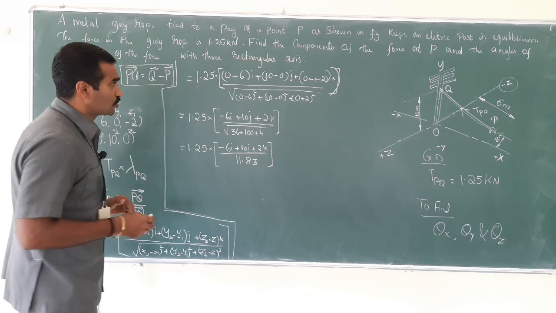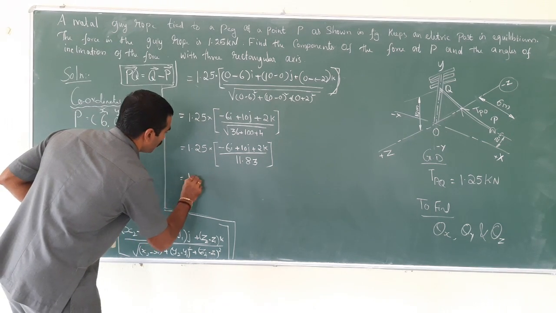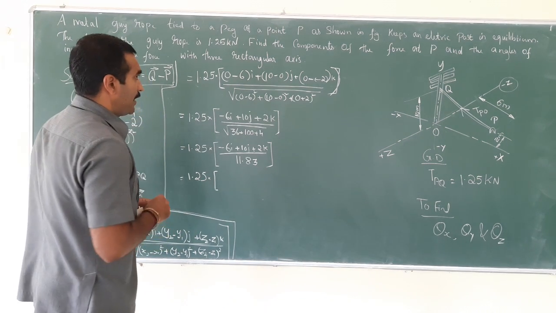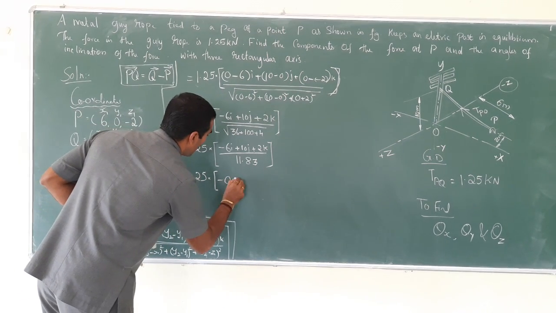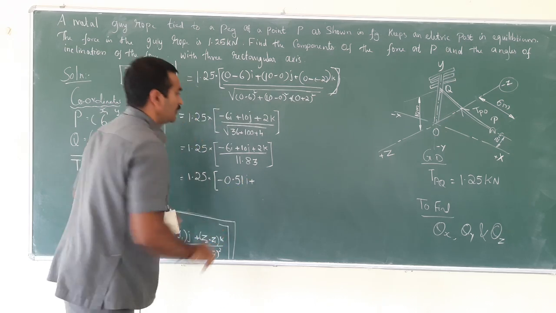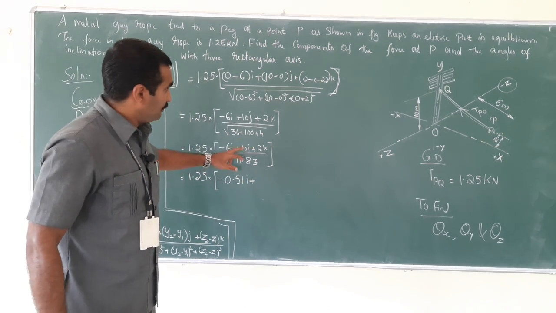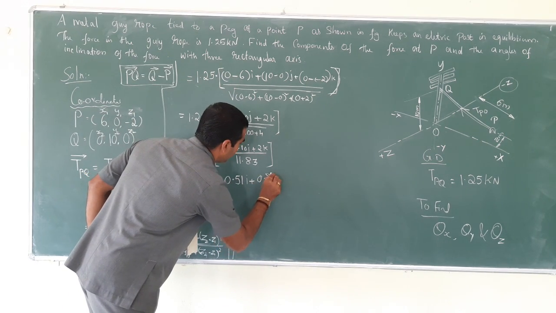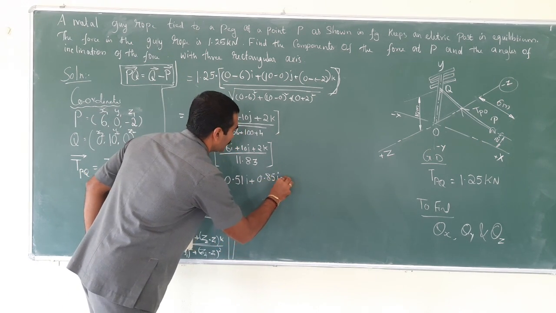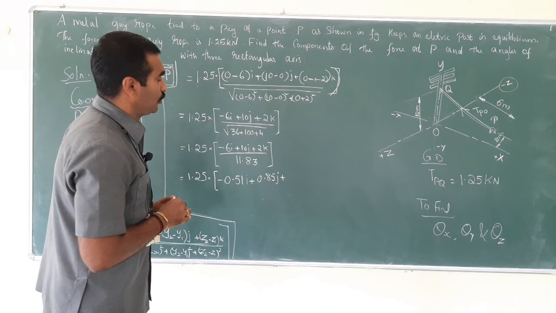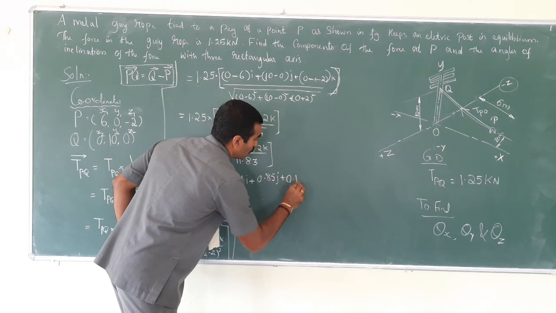If you do so, you will get 1.25 into minus 0.51 i vector plus, if you divide 10 by 11.83, you will get 0.85 j plus, if you divide 2 by 11.83, you will get 0.17 k.